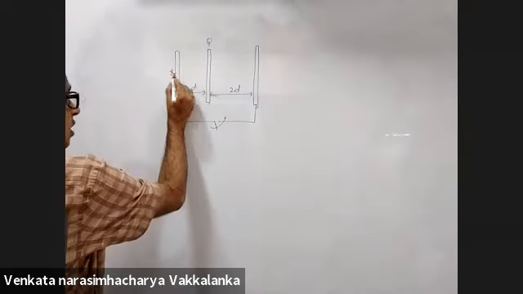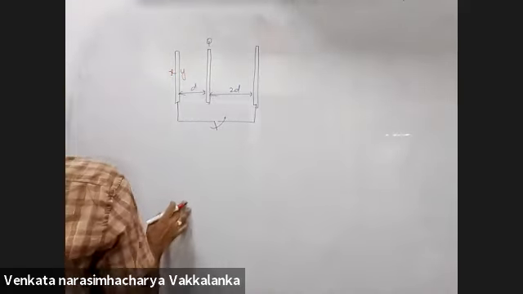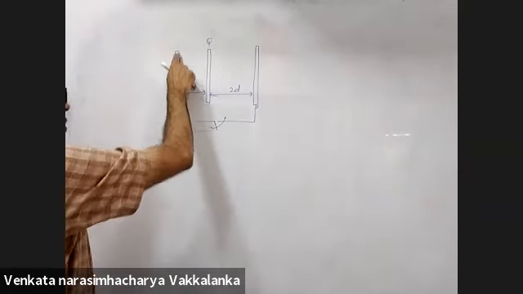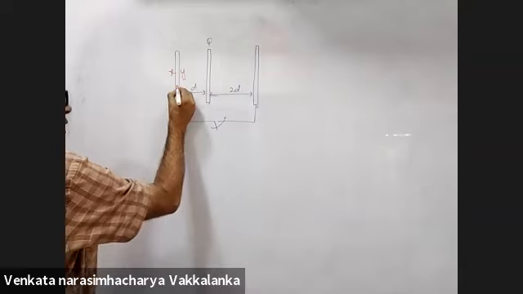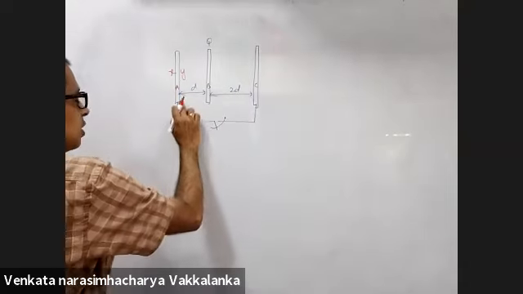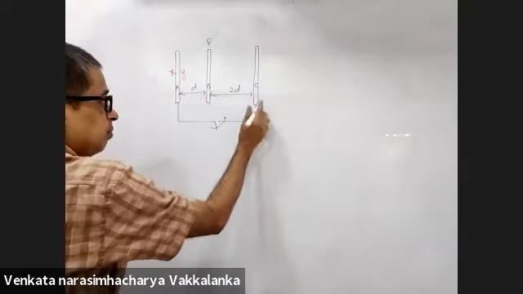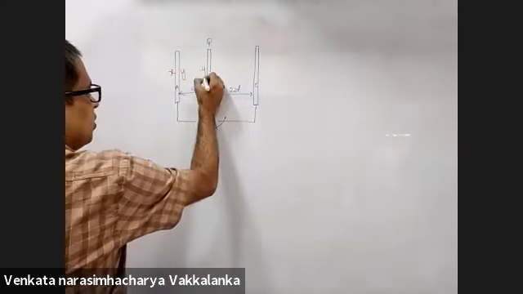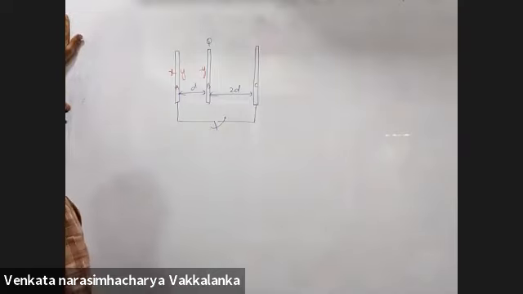I am taking this as x. This will be y. Why not minus x? Because this plate is connected to this plate. I cannot conserve charge only on A. A and C put together should be conserved. Two facing metallic surfaces will have equal and opposite charge.